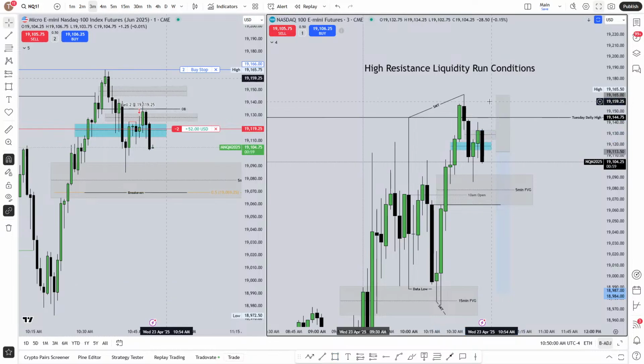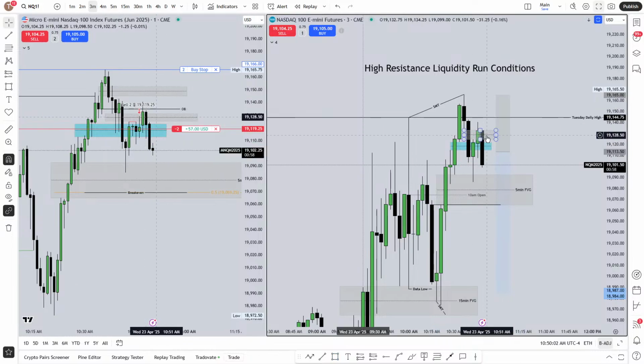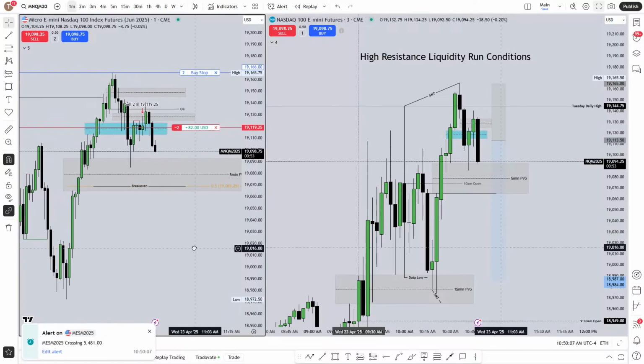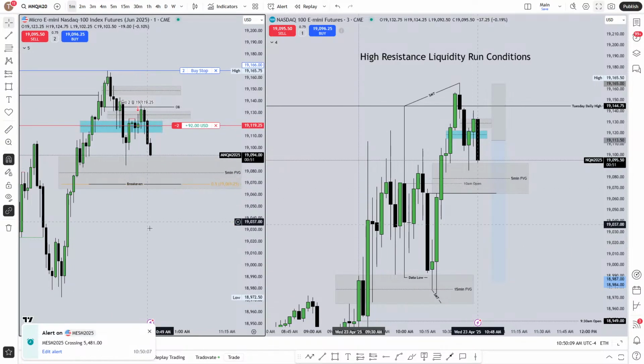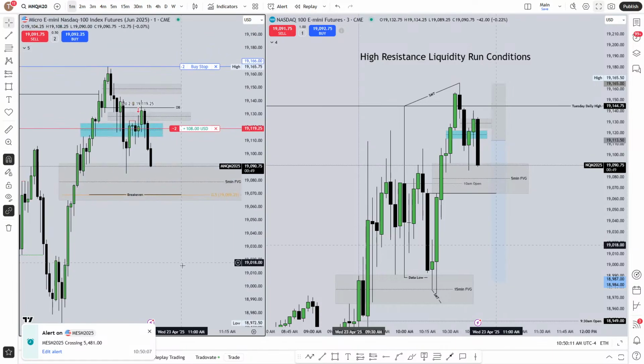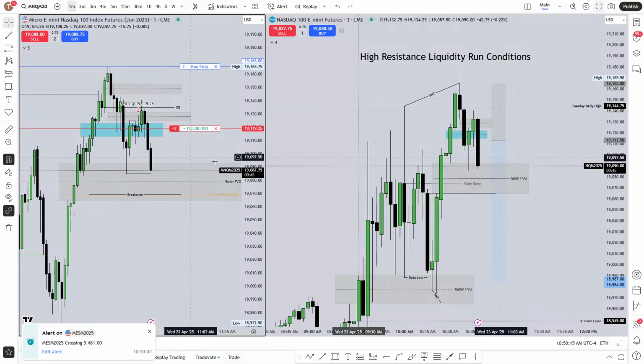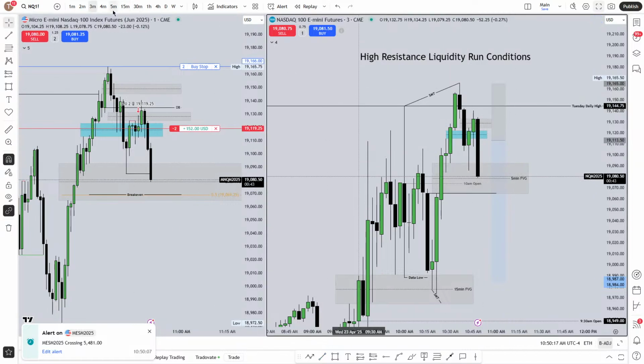Okay, so this did hold on the mini contract. All right, so this low just got hit on ES. All right, I like this. If we could see this 5 minute inverse, that would be really, really good.